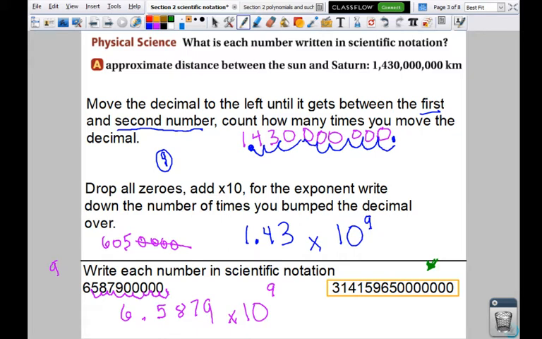Okay, as long as that number's right, and count it. Remember, you gotta go between the first and the second, so you gotta go all the way over. Between the first and the second. Keep going back.